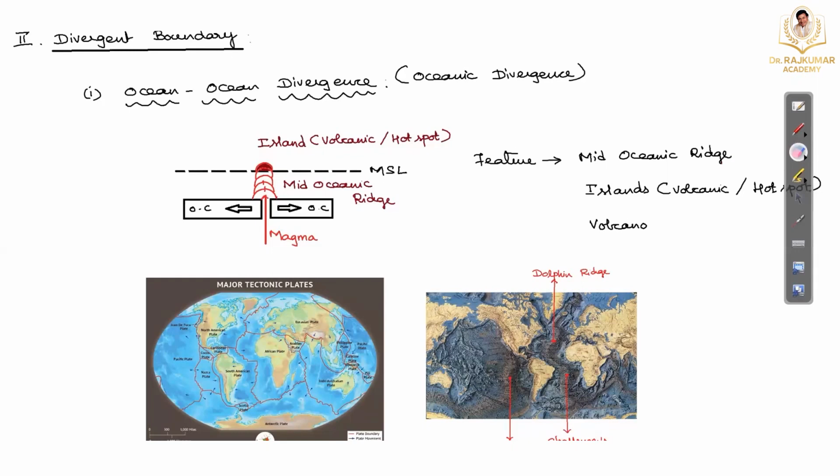Can you give me one example where this ridge has grown, emerged above mean sea level, and eventually become some significant island? Can you give me one or two names? Very good. Hawaii is a hotspot island. Accepted, but more than Hawaii, we'll discuss the Hawaiian islands later.